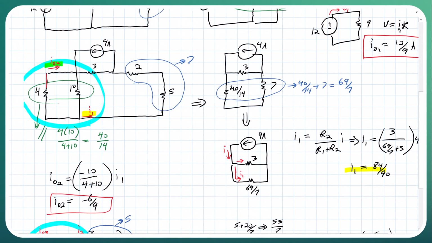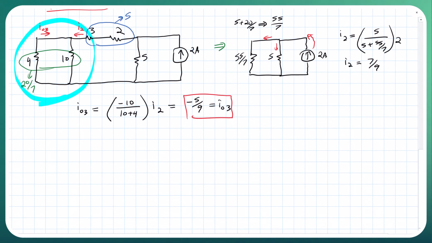Now we just need to sum them all up to get I0. Okay, so now I0 is just going to be IO1 plus IO2 plus IO3, and that's going to be 12 over 9 minus 6 over 9 minus 5 over 9, which gives us 1 over 9, which is 111.11 milliamps.